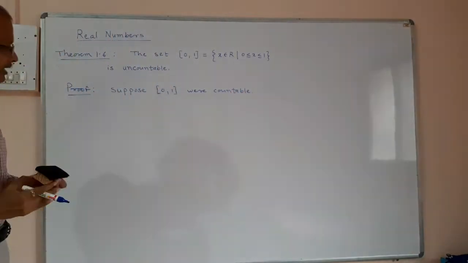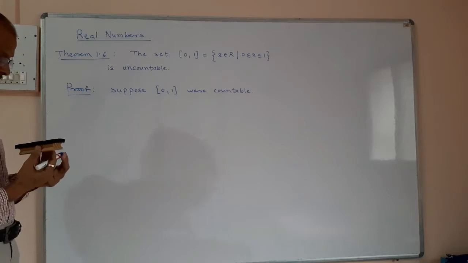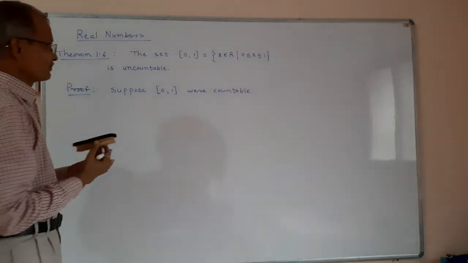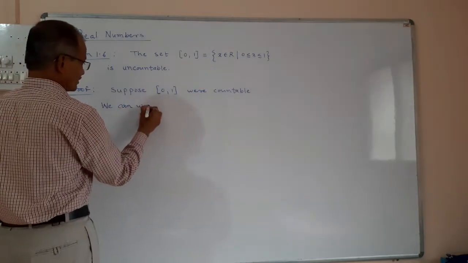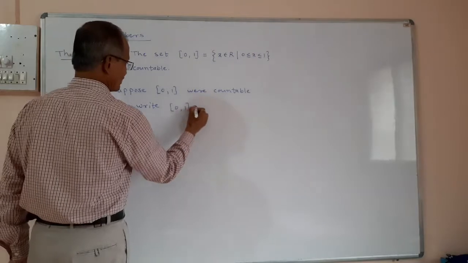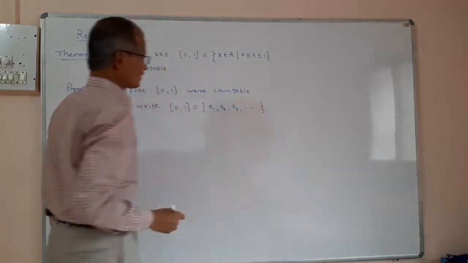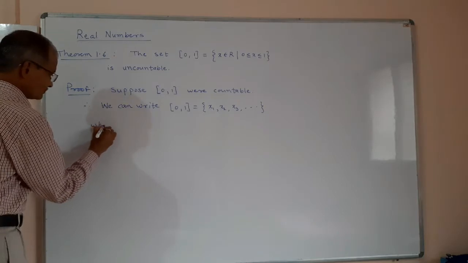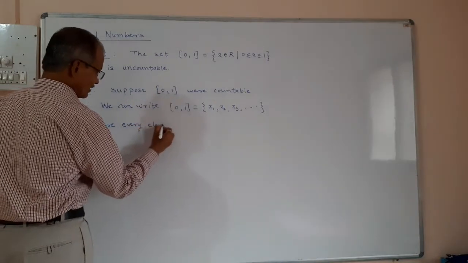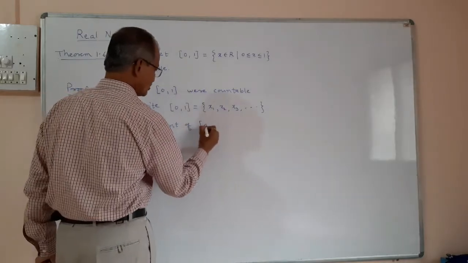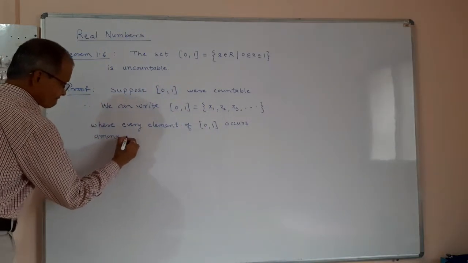So this means that every element of the 0 to 1 interval can be counted, and therefore we can write this interval 0 to 1 as x1, x2, x3 and so on, where every element of the interval 0 to 1 occurs among the xi.